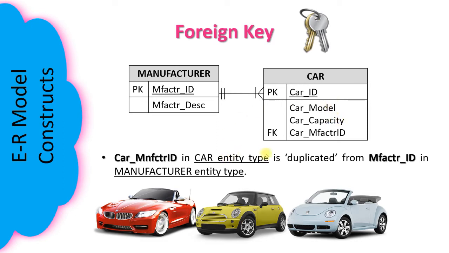Here in our home country, we are Malaysian, very much similar to manufacturer ID, a primary key for manufacturer. But when we go abroad to Australia, over there we become a foreigner, very much similar to manufacturer ID that is duplicated in another entity type.